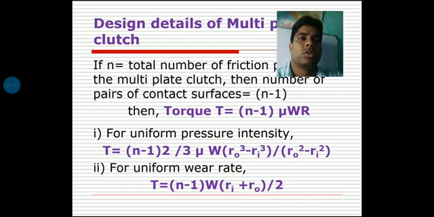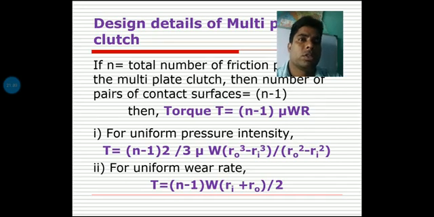If I put the equation in uniform pressure theory and uniform wear theory, the total torque in pressure theory will be (n minus 1) into 2/3 of mu W (ro cube minus ri cube) whole by (ro square minus ri square).